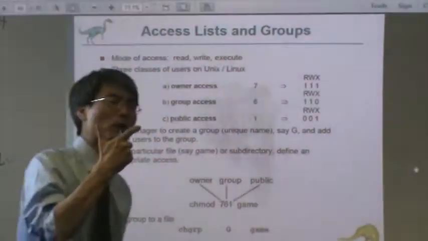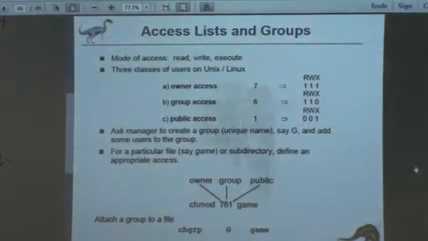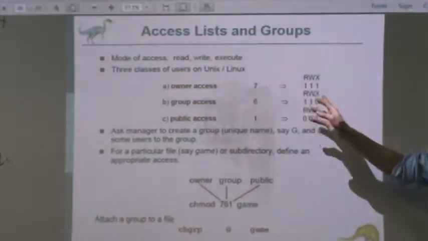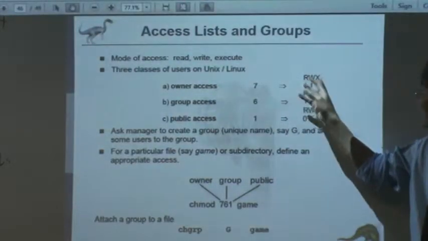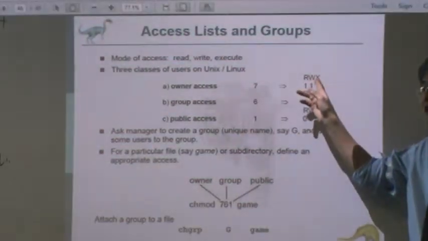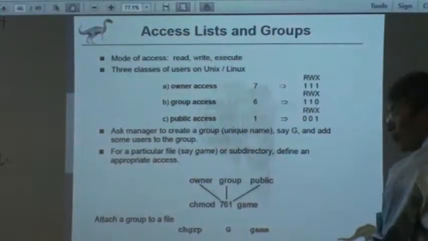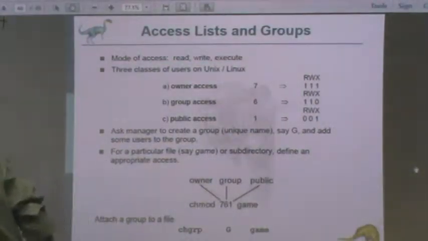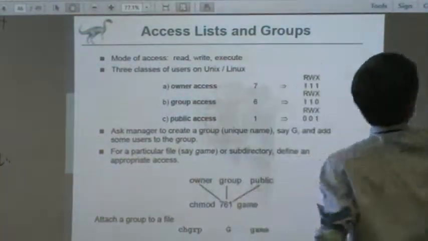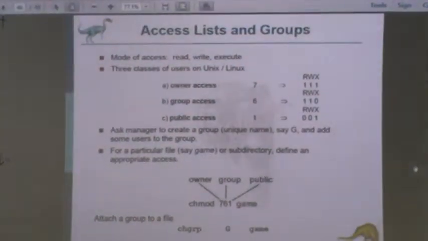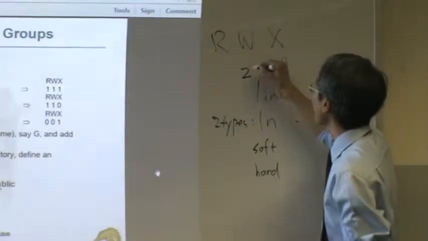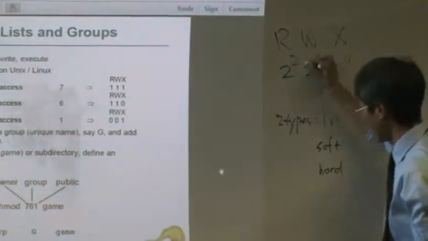Then, to simplify such a permission, we are going to use the execution as read, write, execute: 2 to the power of 0, 2 to the power of 1, 2 to the power of 2.